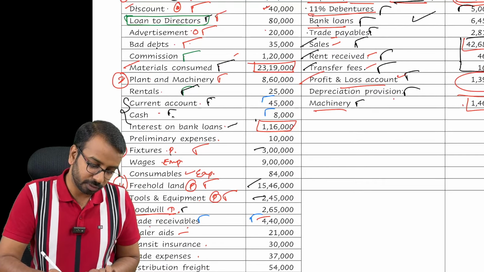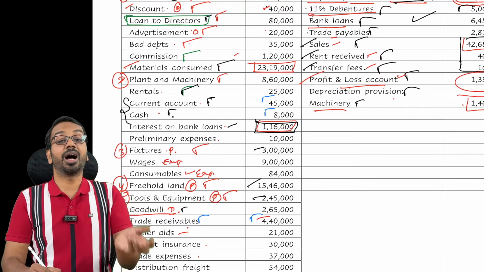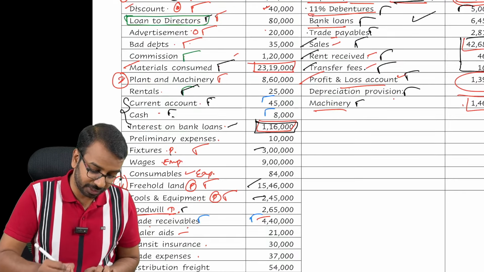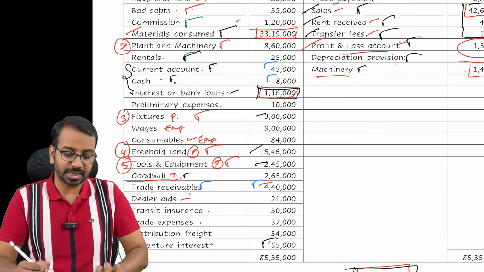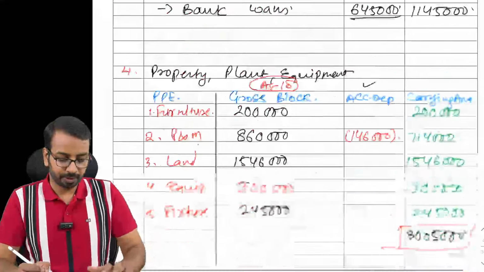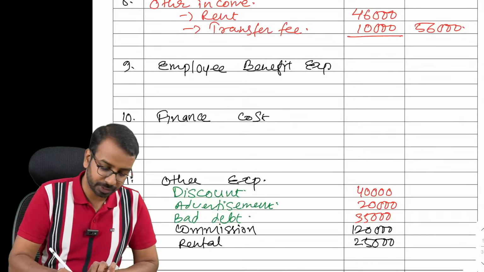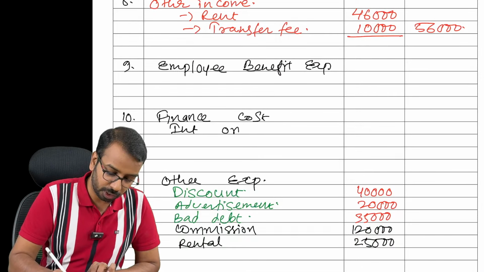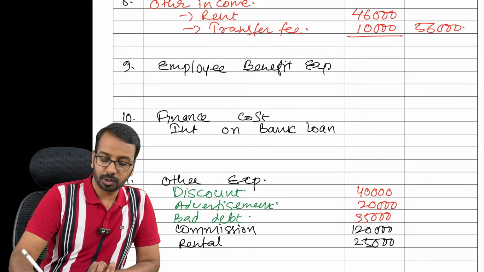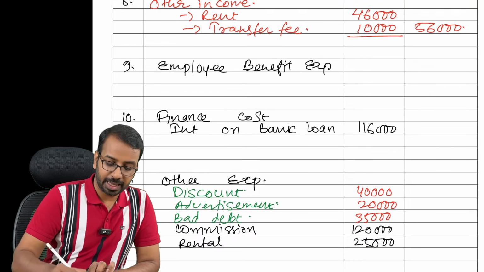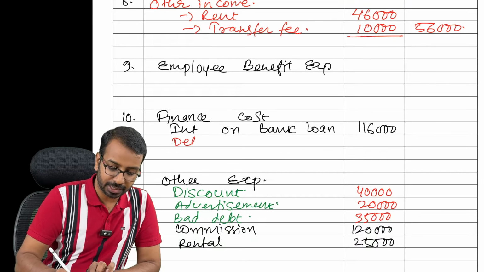Interest on bank loan. Where will we take this 1,16,000? Under finance cost. Along with interest on bank loan, we remember there is debenture interest also, 55,000. Under finance cost, you will have interest on bank loan, 1,16,000, and debenture interest.